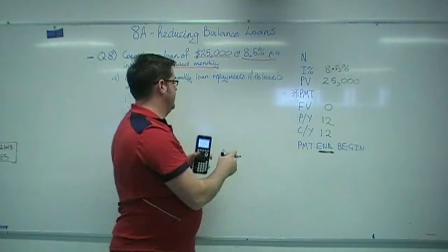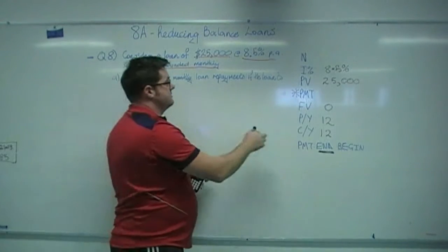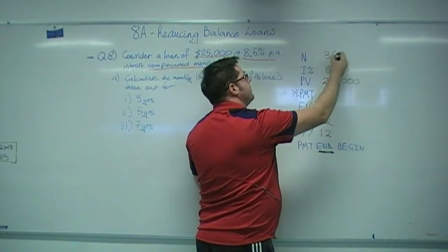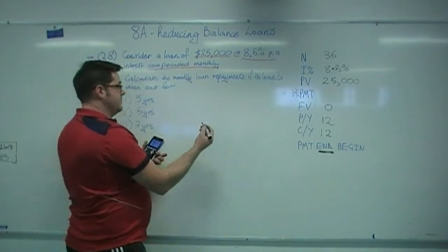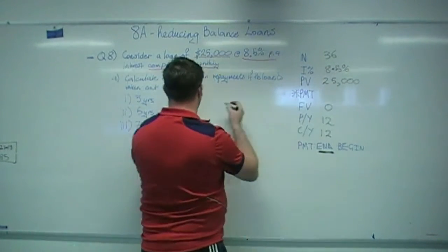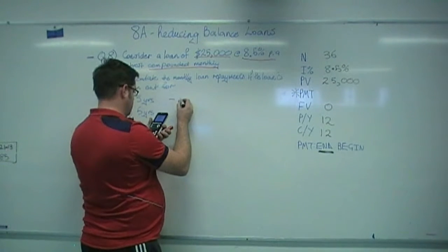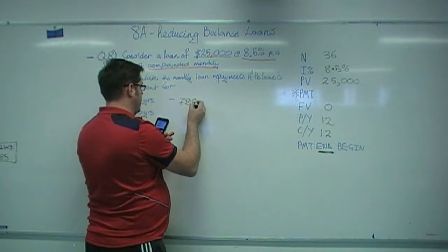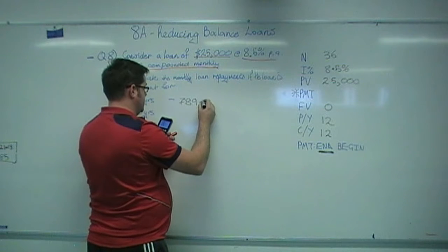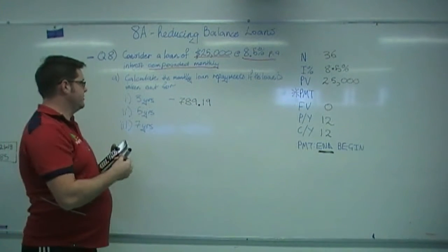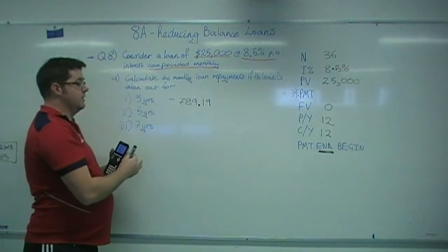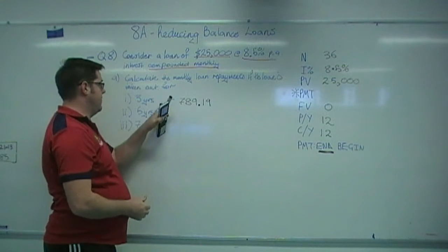The number of payment periods is 3 years, 3 times 12 is 36. So the answer that we're given for the first one is minus $789.19.